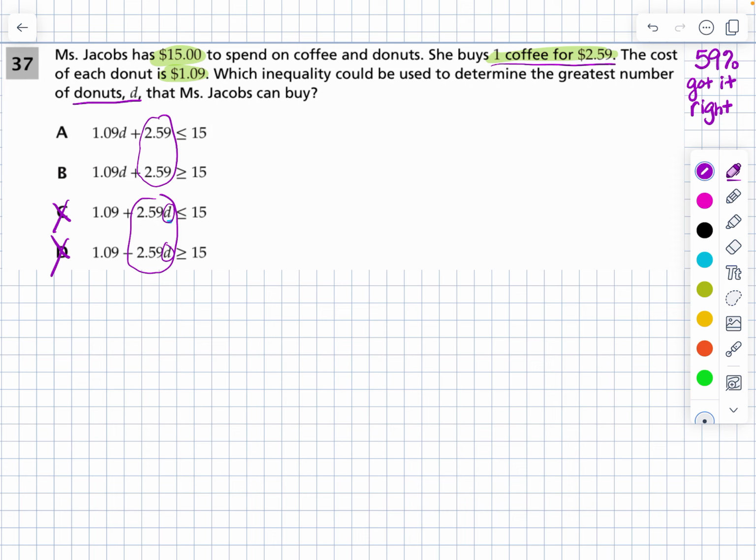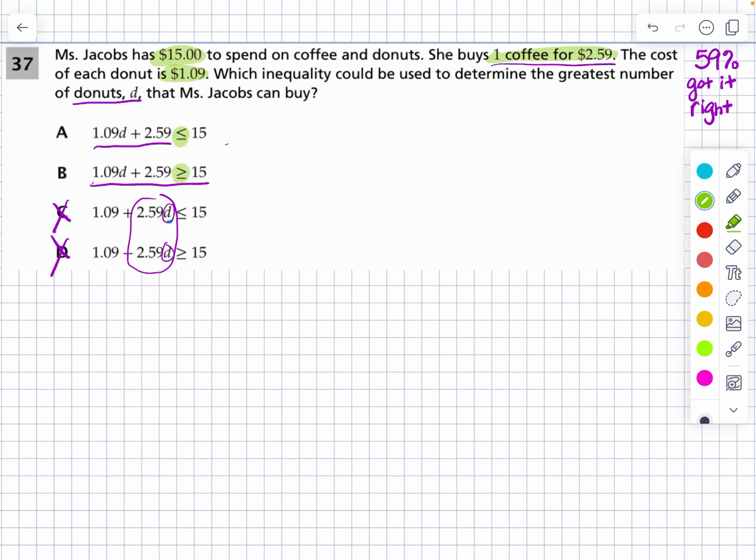So now we've got to look at these first two to see, okay, what have we got? $1.09 times donuts plus $2.59 is less than or equal to 15. And this is exactly the same, except for one thing, and that is this sign right here.